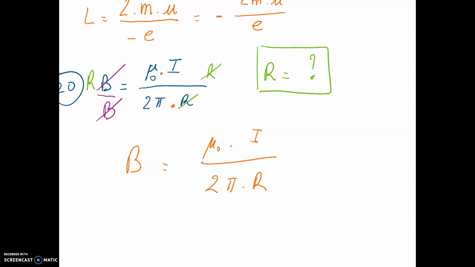So what I want to do is very simple. I want to multiply by r both sides. Therefore, r divides out on the right side of my equation. And I want to divide by b both sides.